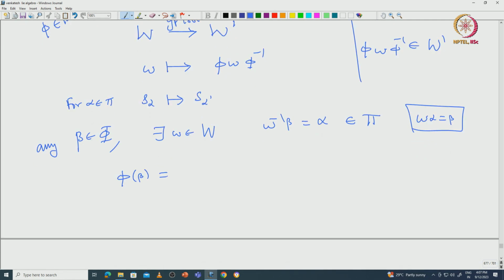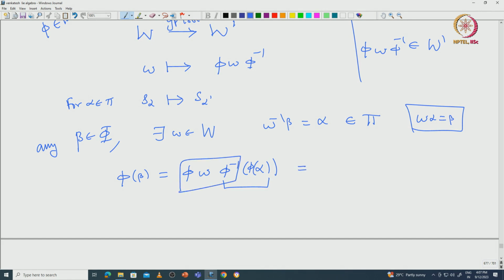So π(β) is exactly equal to π W π^{-1} applied to π(α), because π^{-1} π gets cancelled and W(α) is β. So that gives exactly π(β).